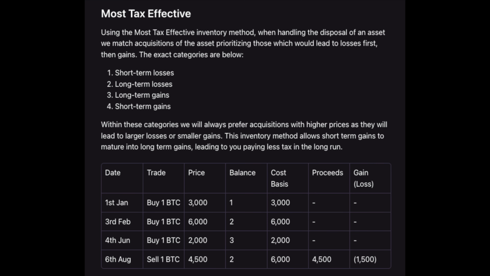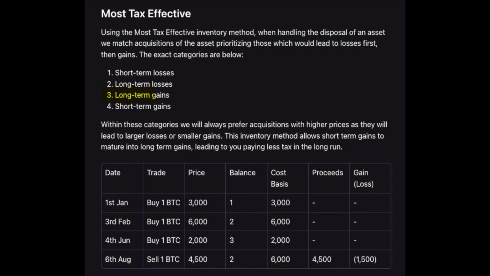So let's look at this most tax effective method and how that works and how that could be your best option. What the most tax effective method does is it looks at multiple different things in order to optimize for your taxes. First, it's going to look at short-term losses and then long-term losses. These are going to be positions that you hold where the cost base is higher than the sale price.